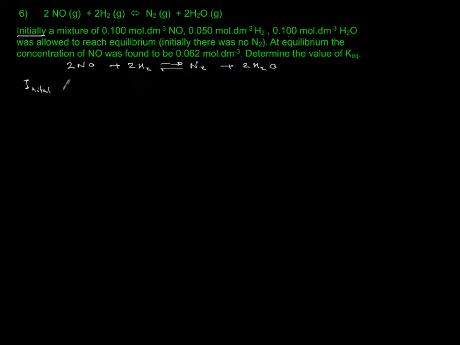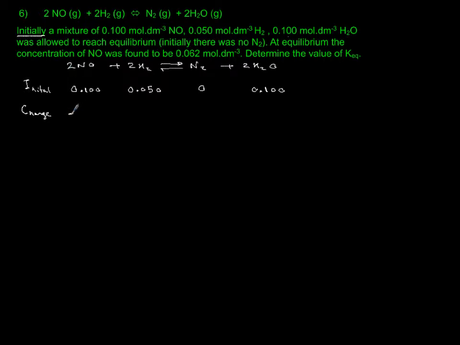To begin with, initially nitrogen monoxide, you have 0.1. For hydrogen, you have 0.05. Nitrogen, they tell me there was none, 0, and you have 0.10 mole per decimeter cube of H2O. The next is change, and this time you follow stoichiometry: from the left-hand side you are removing, from the right-hand side you are producing, and you have to respect coefficients.